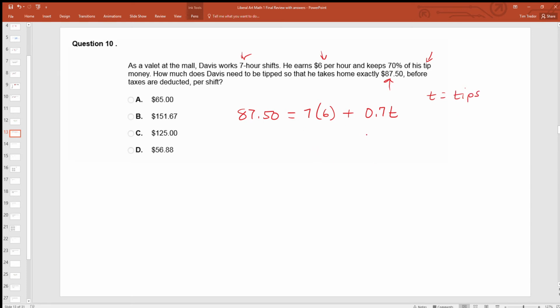So if we solve this equation, we get one of these answers here. So if we do 7 times 6, that's 42. Subtract 42 from both sides.